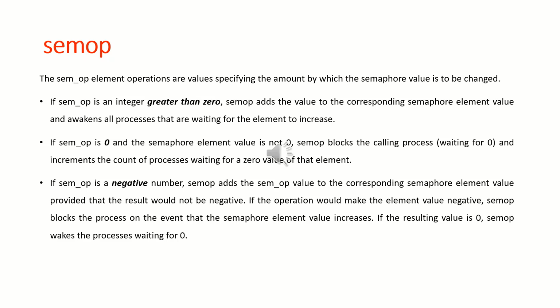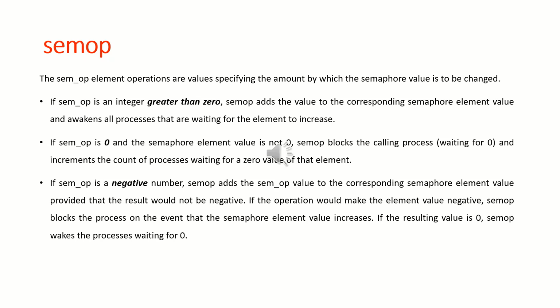If sem_op is 0 and the semaphore element value is not 0, semop blocks the calling process, waiting for 0, and increments the count of processes waiting for 0 on that element.